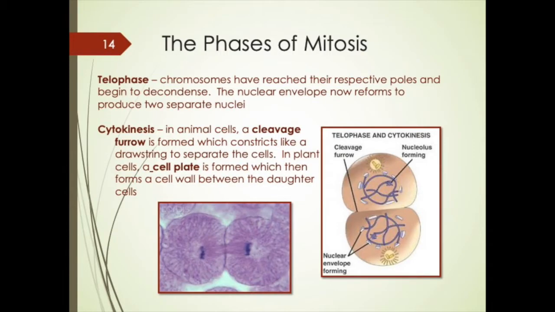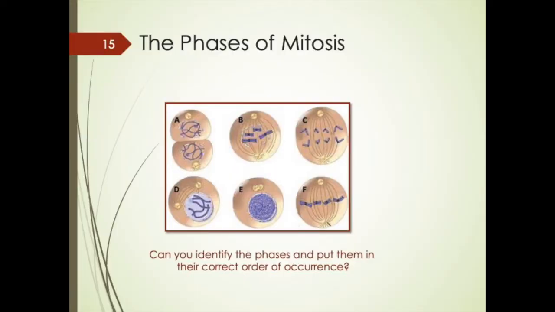Cytokinesis is usually formed during anaphase. In animal cells, it forms a cleavage furrow. In plant cells, it forms a cell plate. These are the different phases of mitosis.